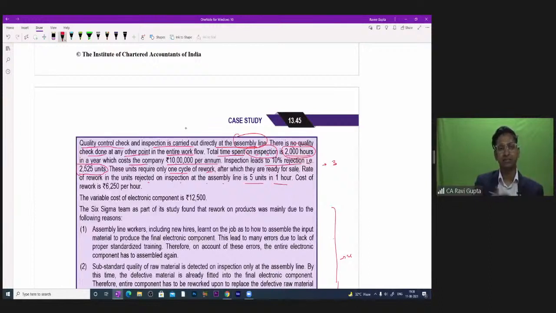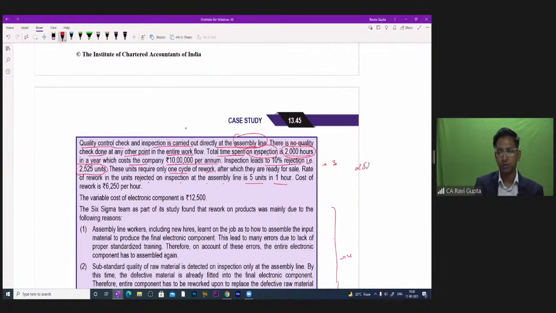And when they inspect, they find that 10% is the rejection rate, and those units are counted as 2525 units, and they can be reworked. Each hour of rework costs us 6250 per hour. And in 1 hour we can rework 5 units.